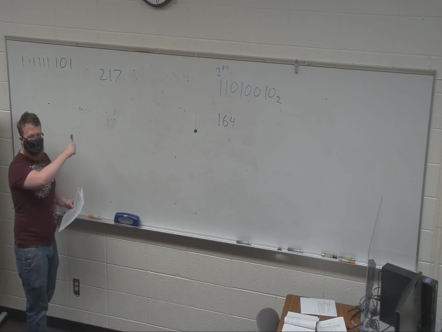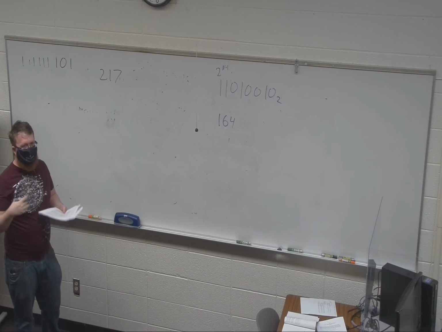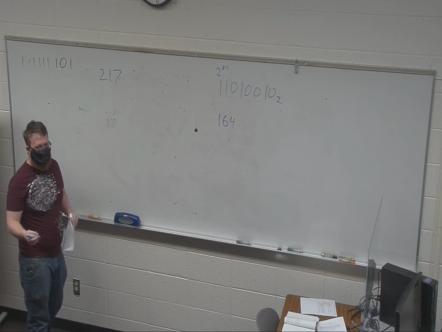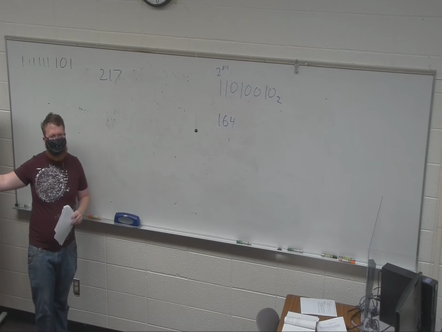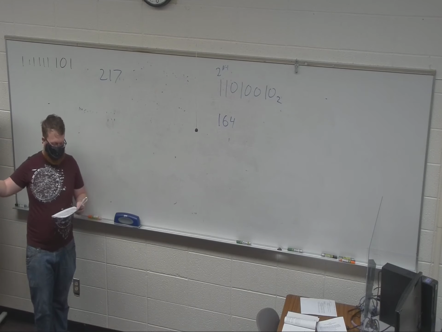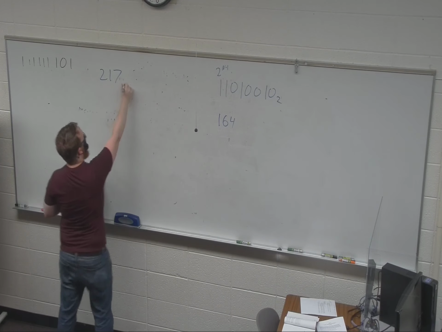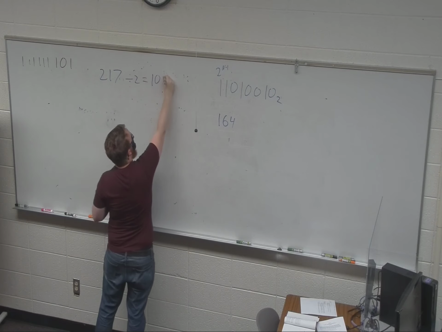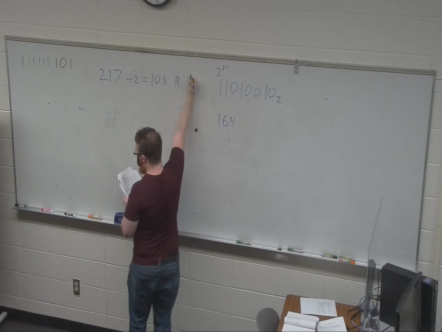So, 217. What you want to do is just start dividing by 2 a lot. So if I have 217 divided by 2, what is it ignoring the remainder? 108. So 217 divided by 2 is equal to 108 with a remainder of 1.